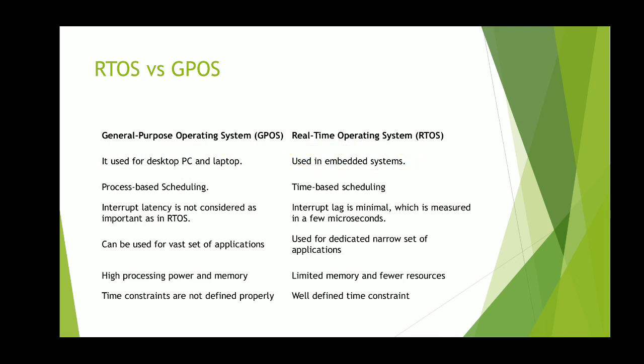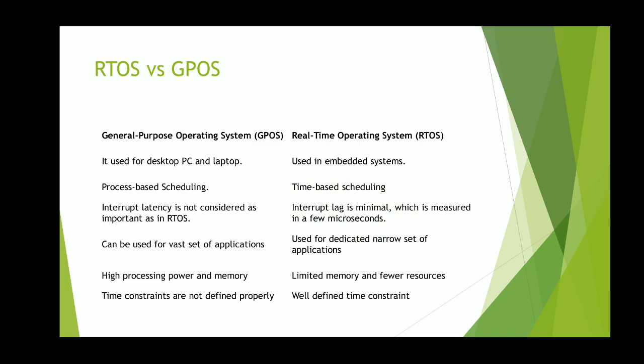The general purpose operating system uses process-based scheduling, while the real-time operating system uses time-based scheduling. And the interrupt latency is not considered important in the case of a general purpose operating system. But in the case of a real-time operating system, the interrupt latency should be kept minimal, in the order of a few microseconds or less.